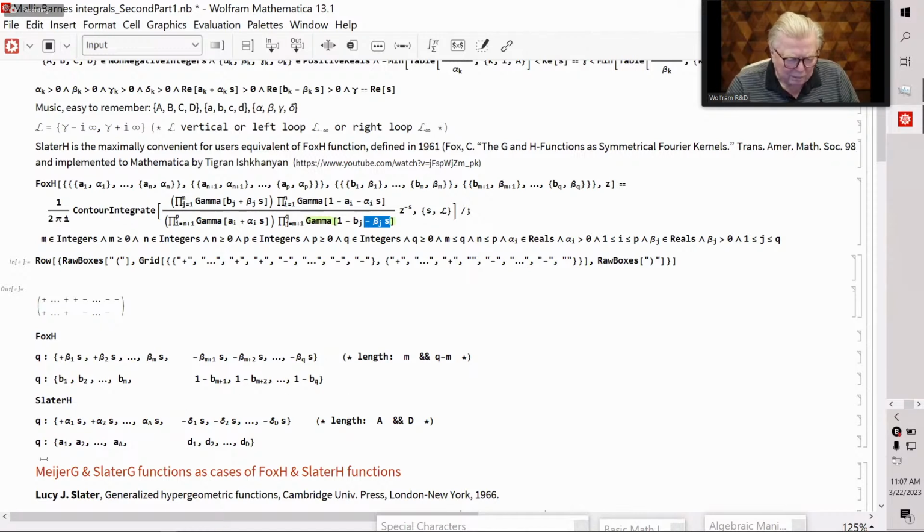No, it's okay. But if we look at parameter b, you see the beginning looks normal, and then 1 minus b.